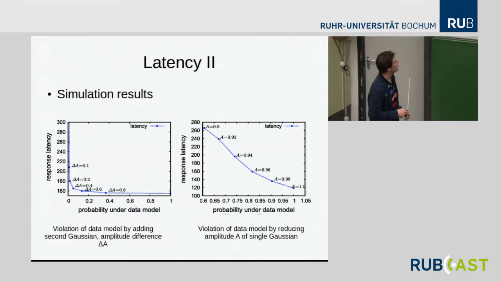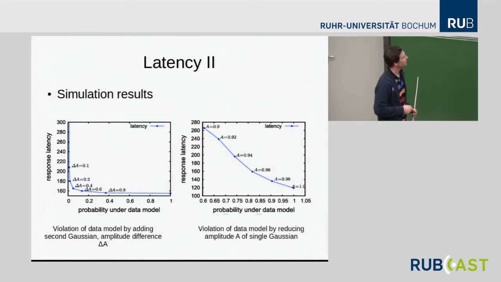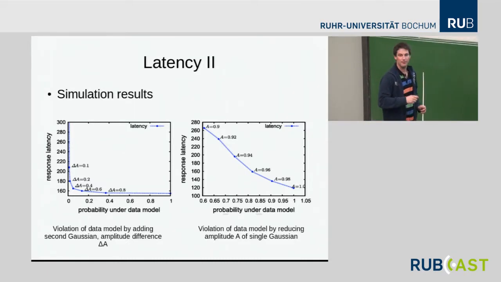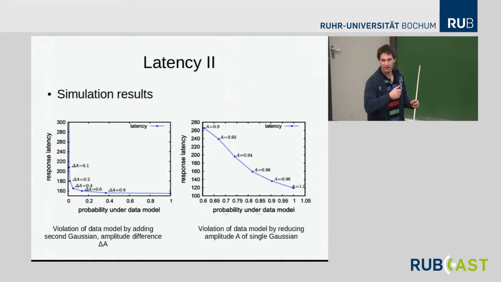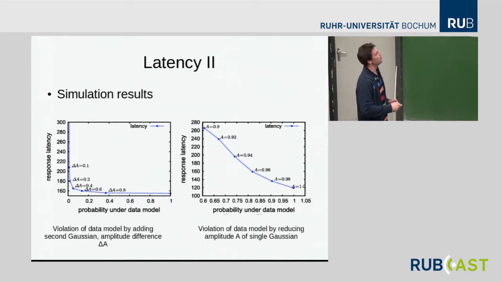And this doesn't hold only for this kind of conflict, but also if you have just one Gaussian in the input whose amplitude is non-maximal. This also violates the data model. The data model supposedly has one Gaussian with maximum peak. So when you reduce the peak strength of the single Gaussian at the input, latency goes up very strongly.